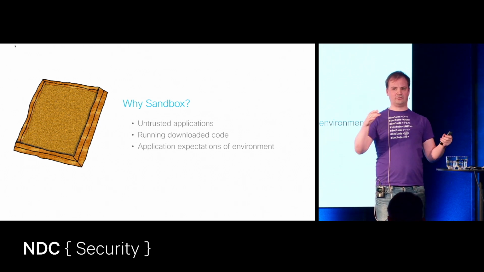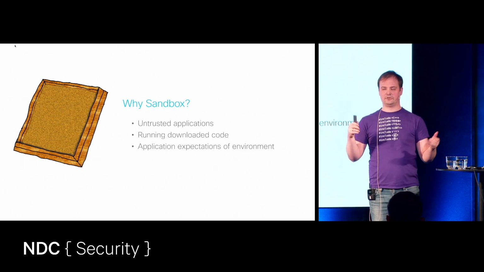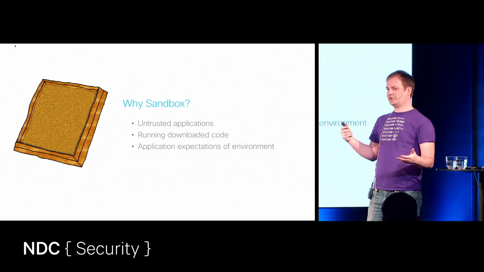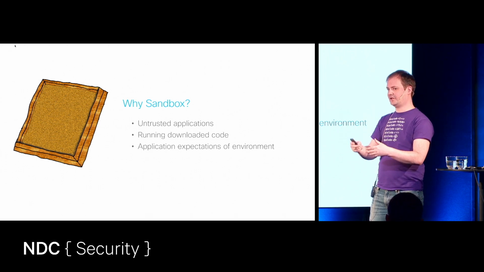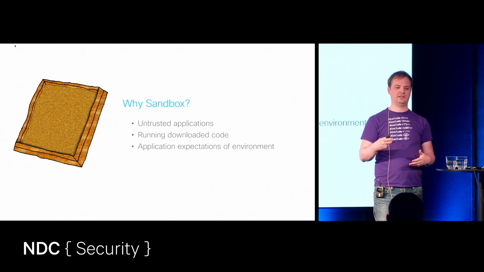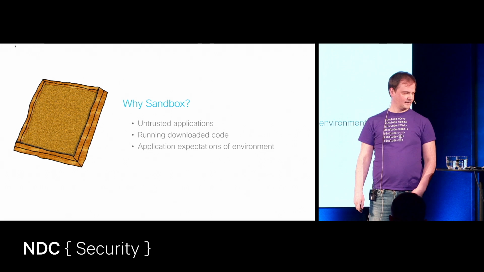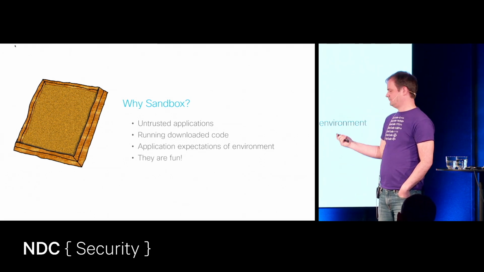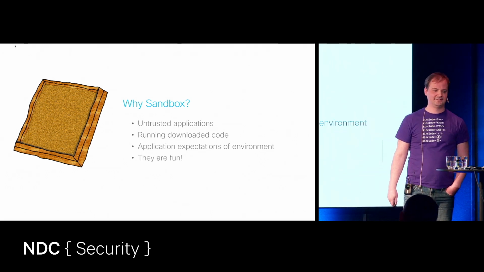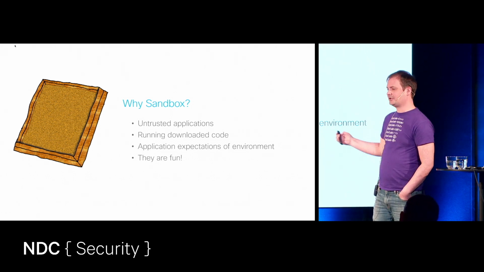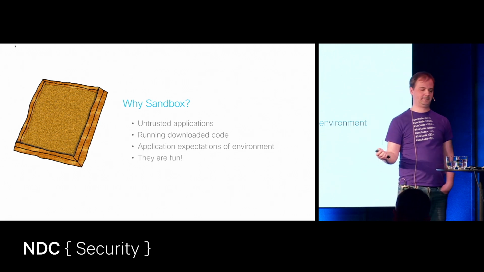You could, of course, rewrite symbolic links and mess around or change your system. But you could also do kind of what Docker does and just rewrite the file system and the environment so that it looks like the application wants it to. And of course, they're really fun, which is not a good reason to write them, as I said, but it's a very good reason to actually learn about them.